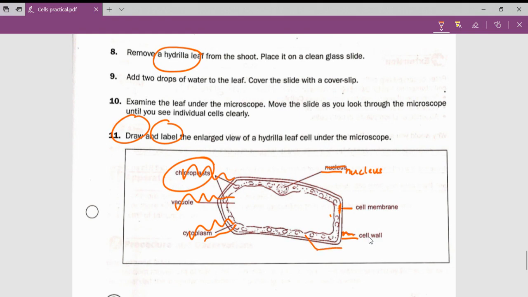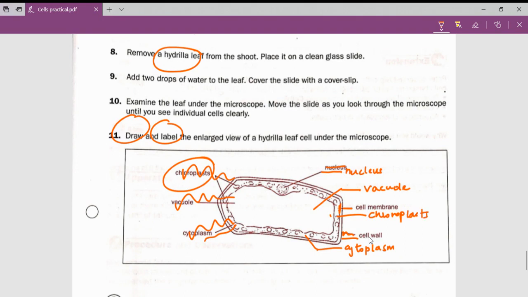This is your cytoplasm. Vacuole, again, slanted but a straight line here. And of course, all these tiny circles are your chloroplasts, so a straight line, put down chloroplast. So it is concentrated.